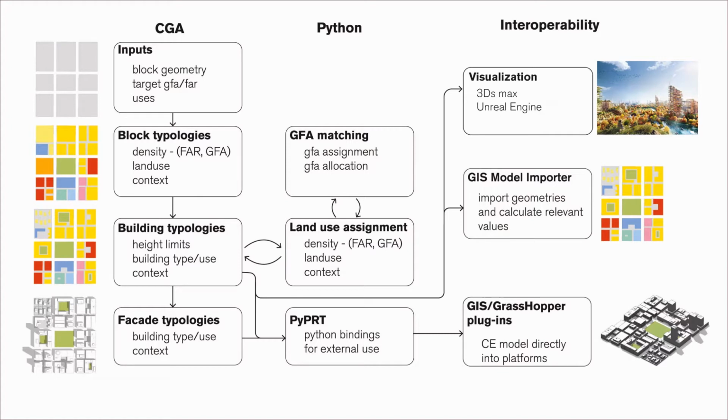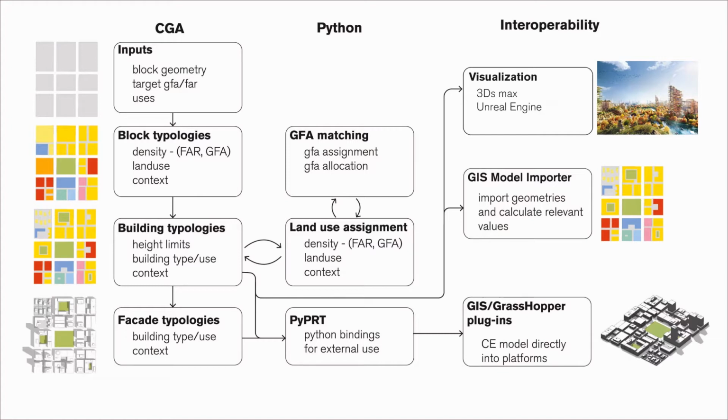As I mentioned, our input is initial block geometries that contain information on target GFA and FAR, as well as general land uses. The CGA that we developed takes this information in, assigns different densities based on that FAR and GFA, and takes those land uses, and we also define which sort of context we are working in.